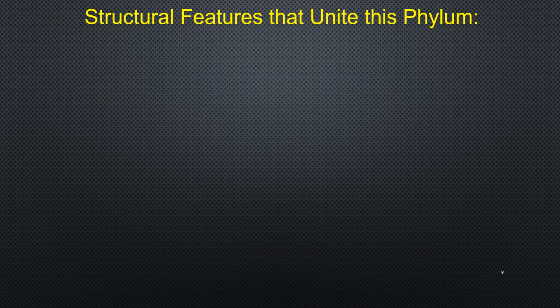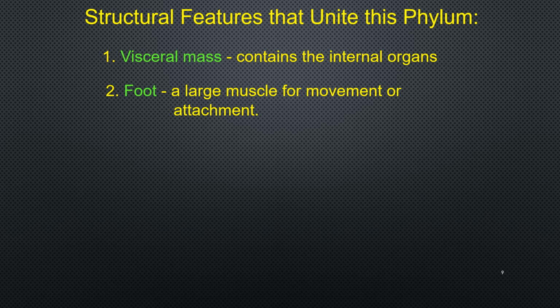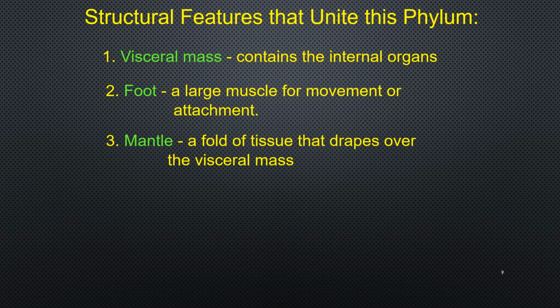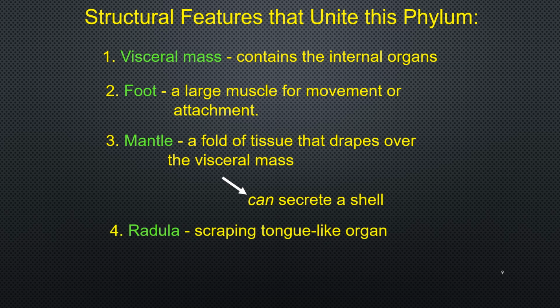So structural features that unite this phylum all together, most of them you just heard in the body plan, but there's the visceral mass containing the internal organs, the foot, which is that large muscle for motility, the mantle, and the reason it's called a mantle is because it's a fold of tissue that goes over the visceral mass, and that's the one that can secrete a shell. The fourth one that I didn't mention in the other slide is what's called a radula.